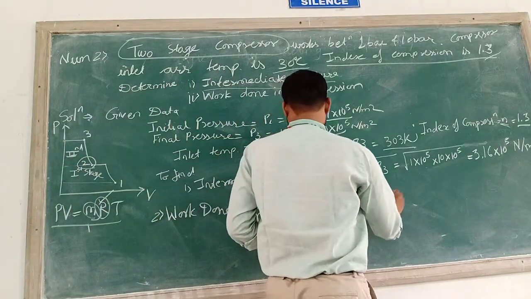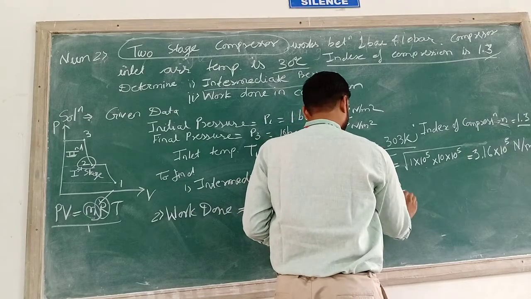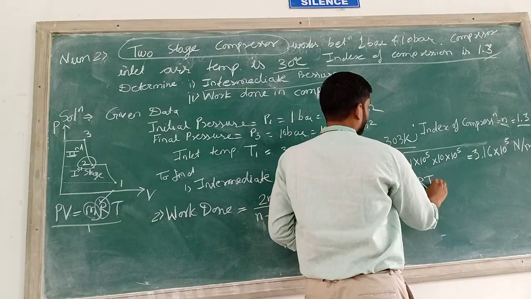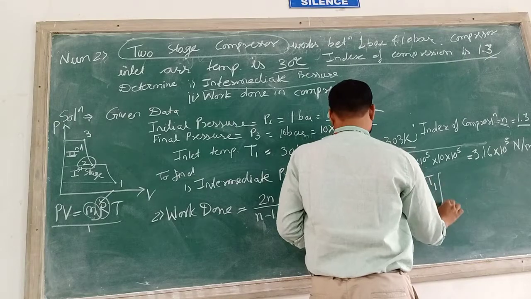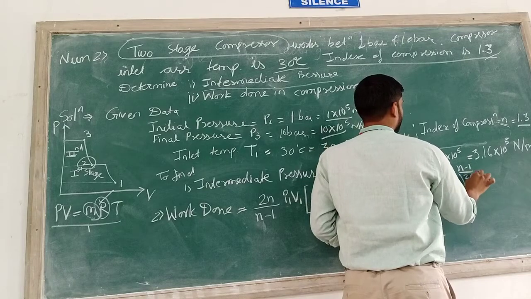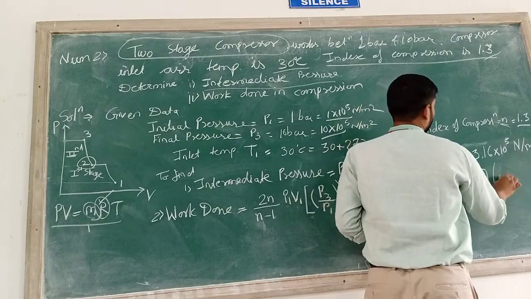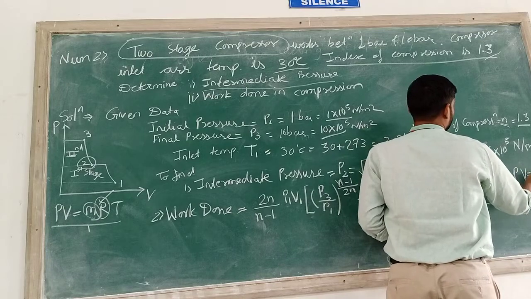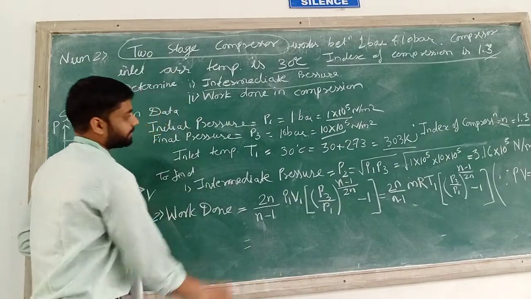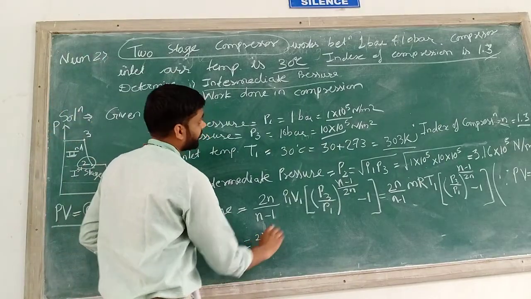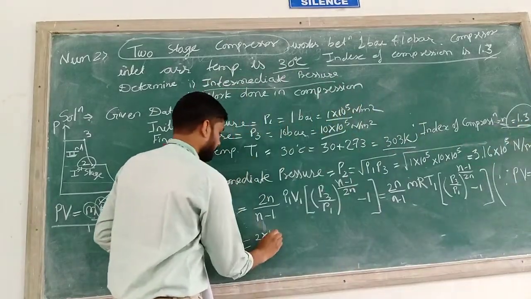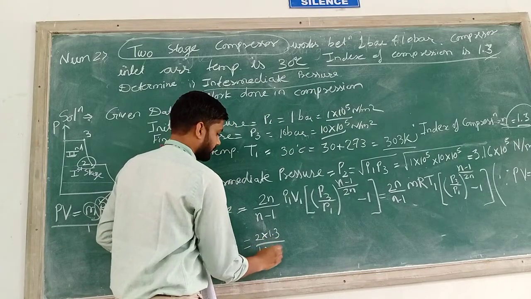It can be written as 2 into n upon n minus 1, and instead of P1 V1 we use m R T1 into P3 by P1 raised to the power n minus 1 upon 2n, minus 1. Now we put in the values. The value of n is given as 1.3, so 2 into 1.3 upon 1.3 minus 1.